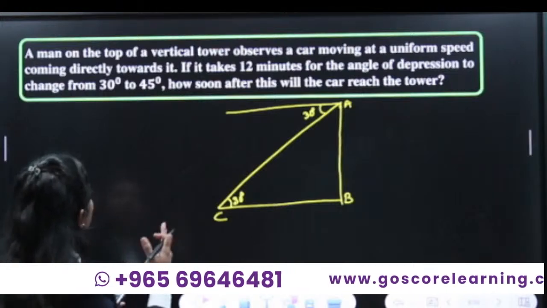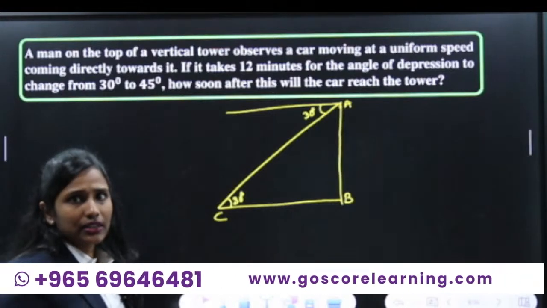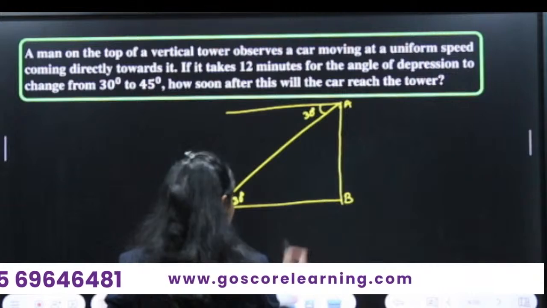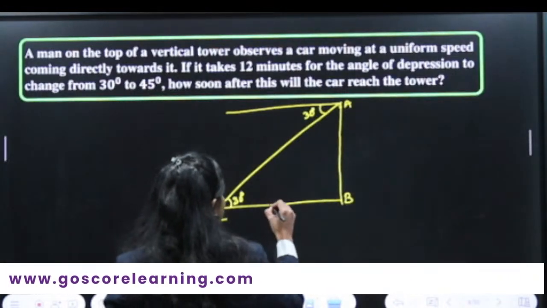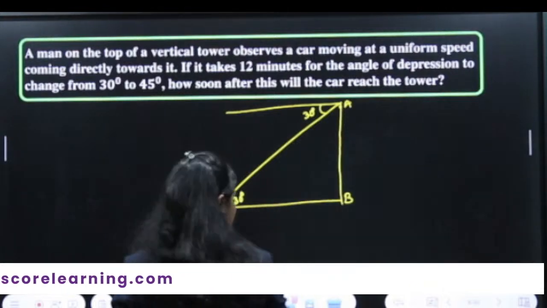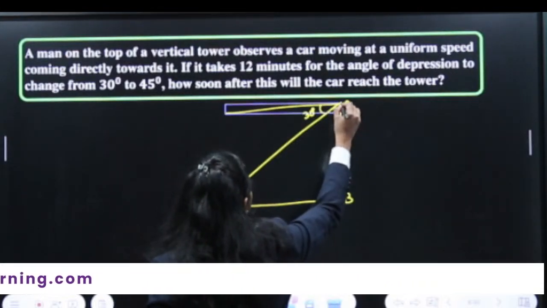The angle of depression becomes 45 degrees, so it is coming towards the tower.